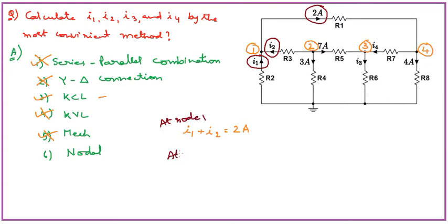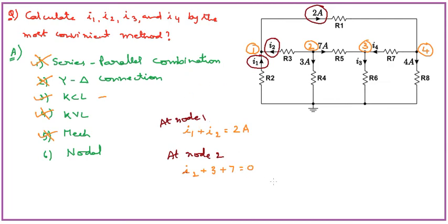Similarly, at node 2, nothing is coming in, so everything is going away from the node. So I can write I2 plus 3 plus 7 is equal to 0. I can take all currents leaving as positive.